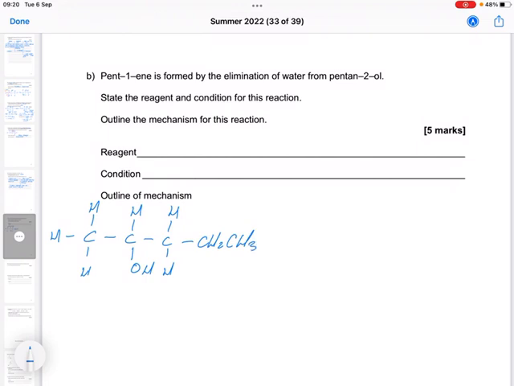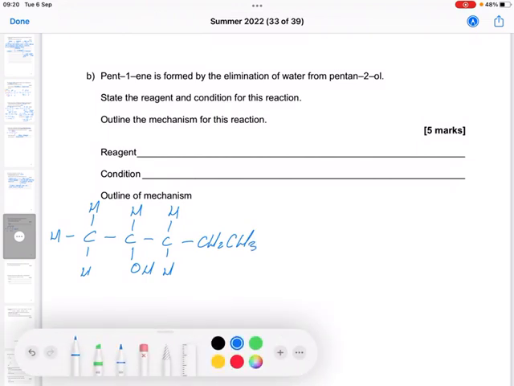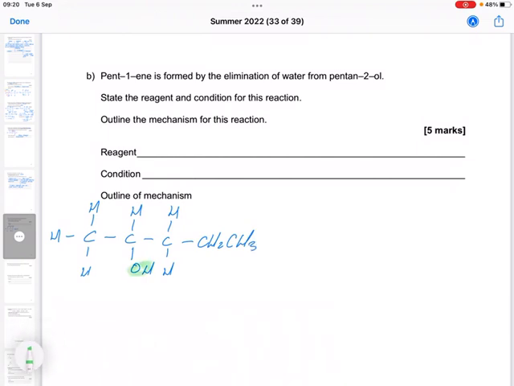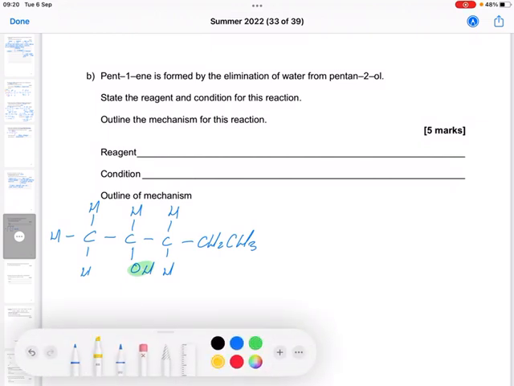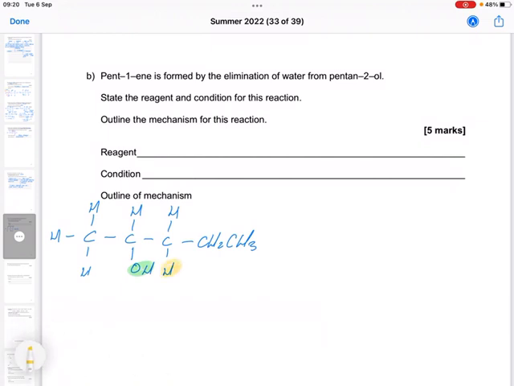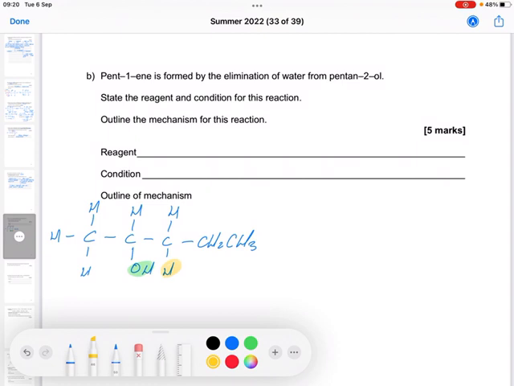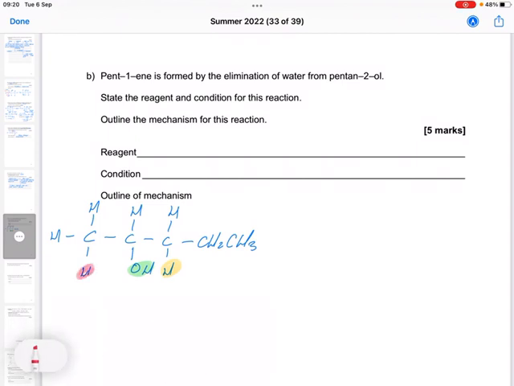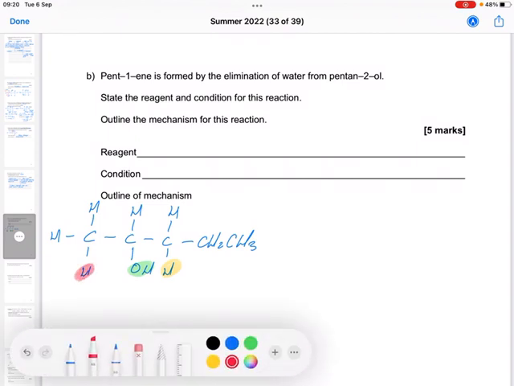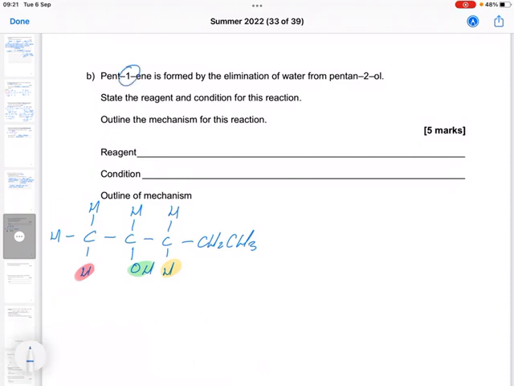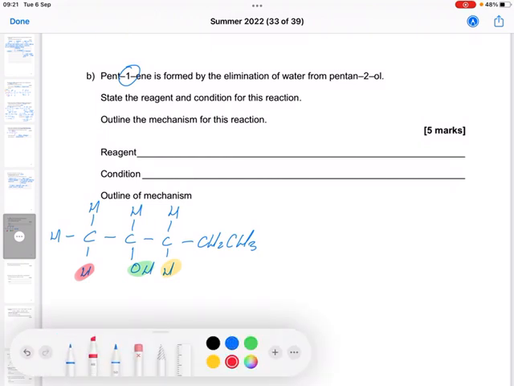Okay, so the elimination of water, so the OH is going to come off, but it will either come off with that hydrogen there, or it will come off with this hydrogen here. And you've got to have a look at the question to see which one of those two is going to come off. So it's forming pent-1-ene, which means the double bond is going to form here.